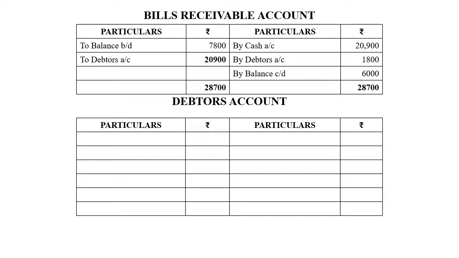Okay. So debtors account. First you have to start with the opening balance. Debtor is an asset, so opening balance will be a debit balance. So write to balance brought down 30,800. That is the opening debtors balance.